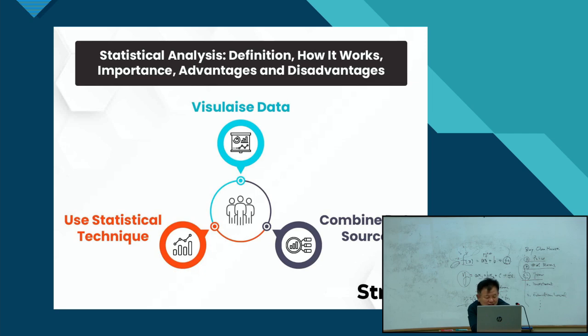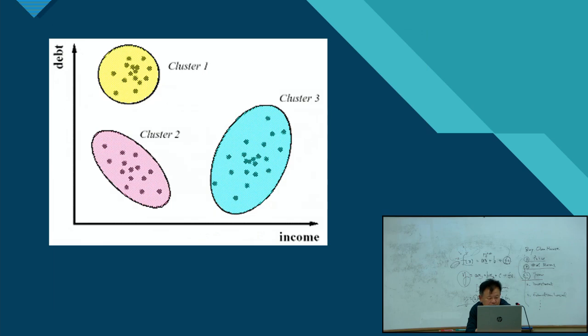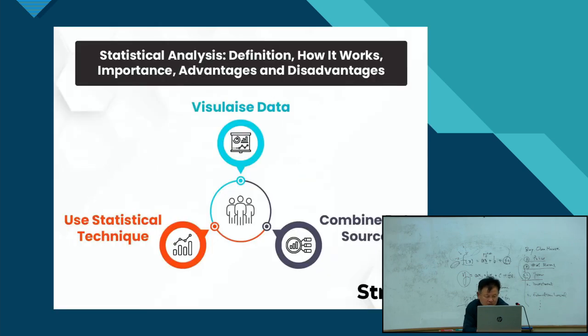It shows that visualized data, statistical techniques, and combined data sources, this series we call statistical analysis. So there is a large amount of data, and to discover the underlying patterns and trends, at that time we use statistical analysis, okay?